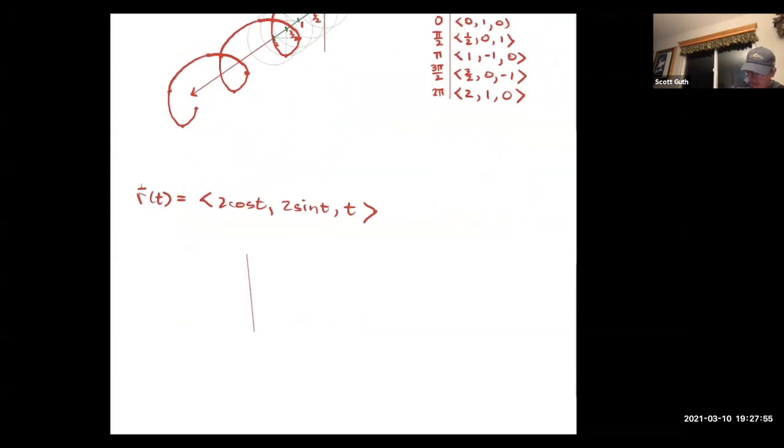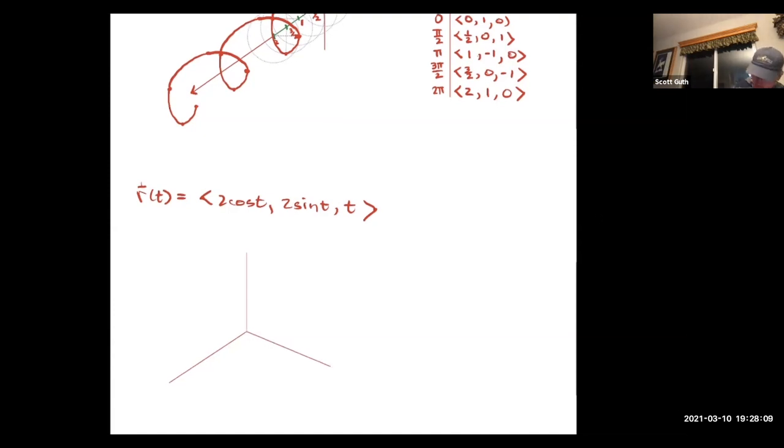So mostly what I'll give you in class, if we get more of these, is I'll say, that's going to be 2, 0, 0 when T is 0, so I'm just going to make sure I start at the right place. And this is generally how I'll draw a helix.